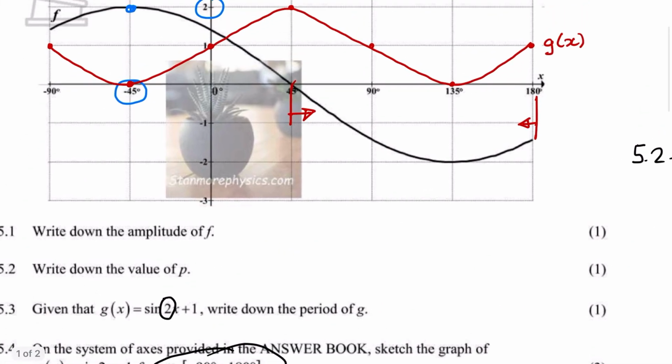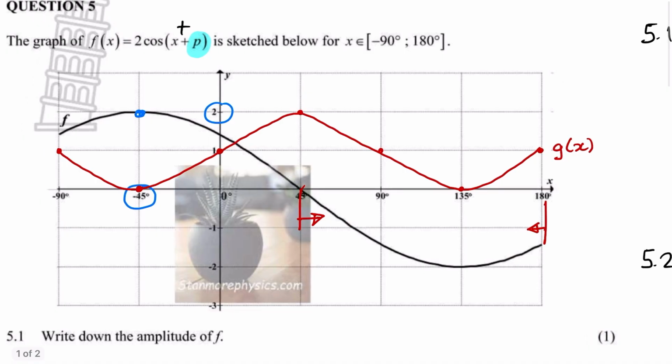What we're looking for here is values where one of them is equal to 2 and the other one is 0. For example, here f of x is 2, g of x is 0. So at this point, f of x is 2, g of x is 0, so 2 plus 0 is 2, that's one option. So minus 45 is one option.